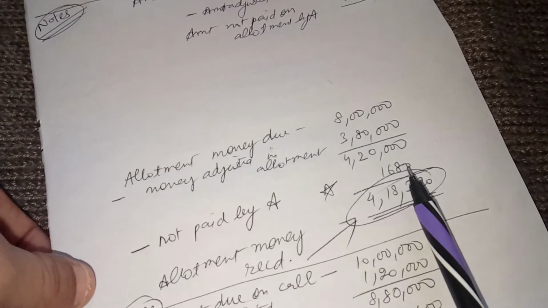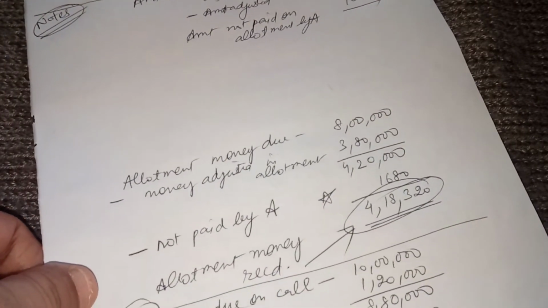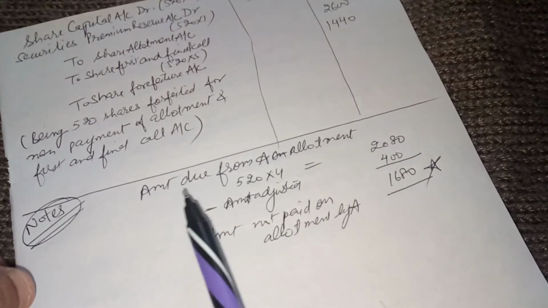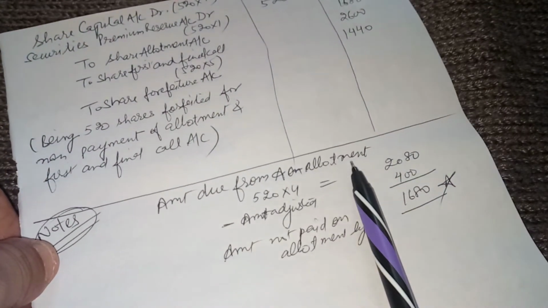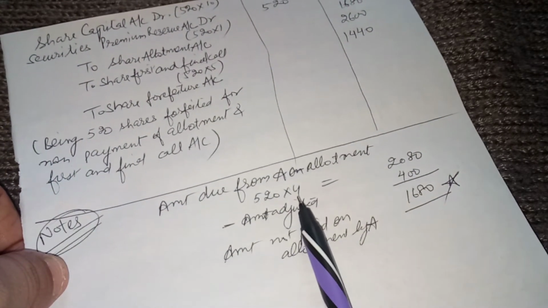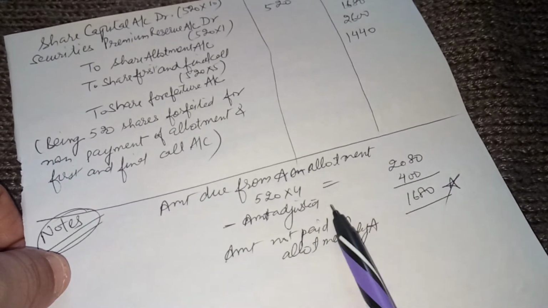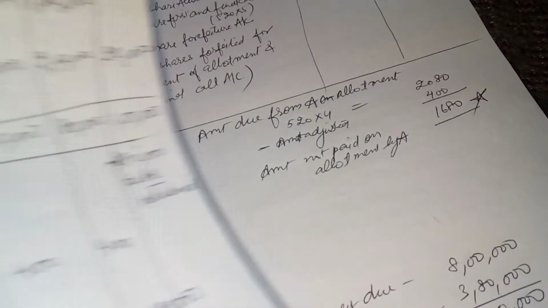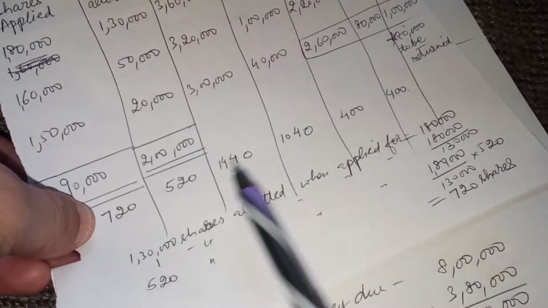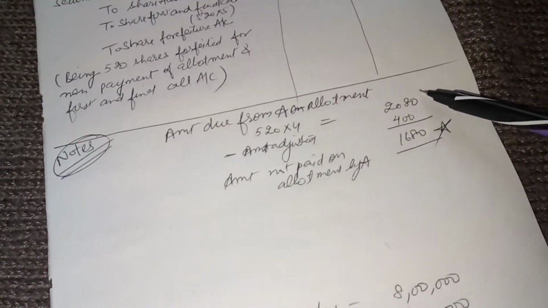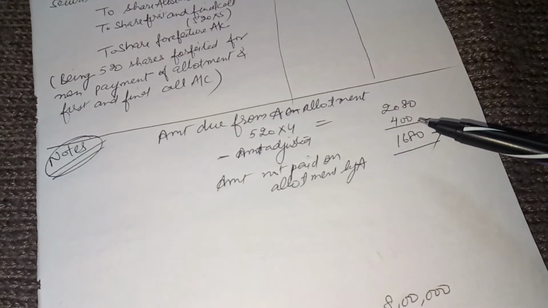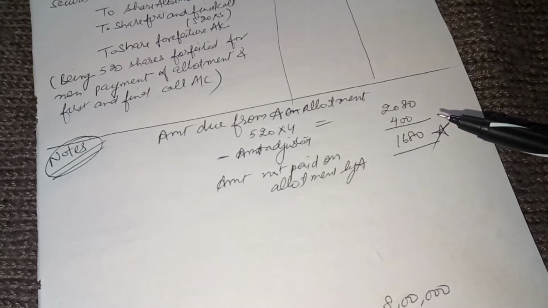How will we calculate the allotment money of A? Let us check. Amount due from A on allotment for 520 shares was 520 into 4, 2080, minus amount adjusted. The amount adjusted in the case of A was rupees 400, means amount due was 2080, but he did not pay, as 400 was adjusted.